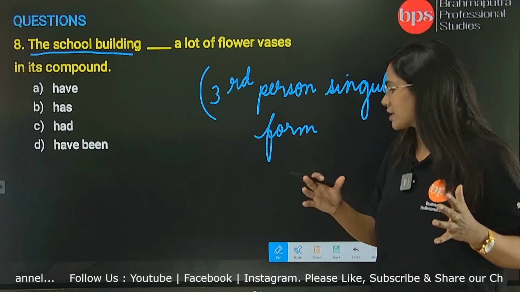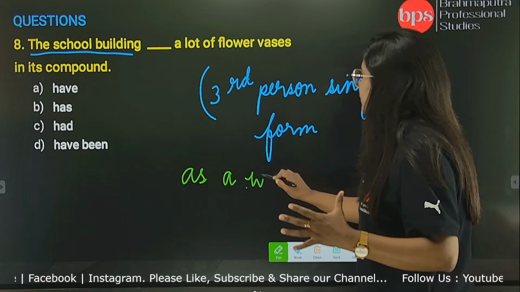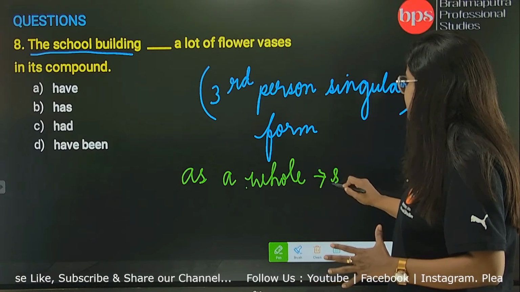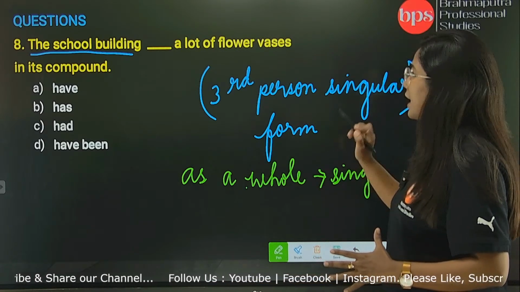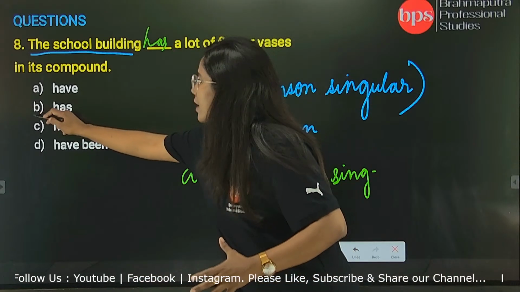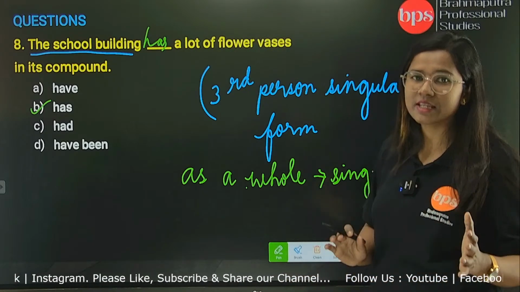When the idea is as a whole, we will refer to it as singular, so the school building has a lot of flower vases in its compound. Hope this is clear to you all.